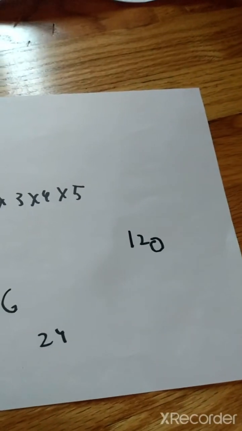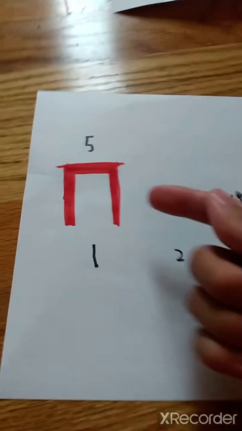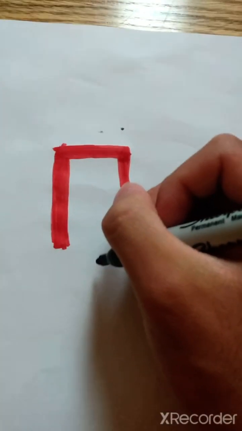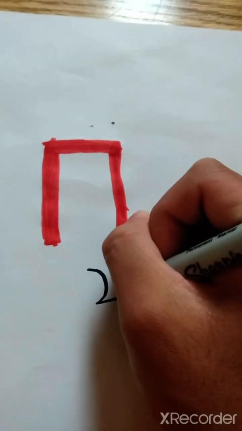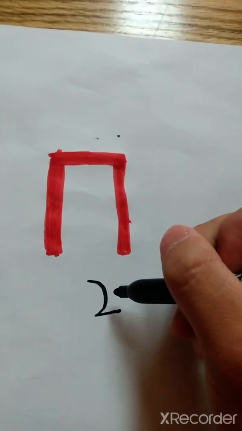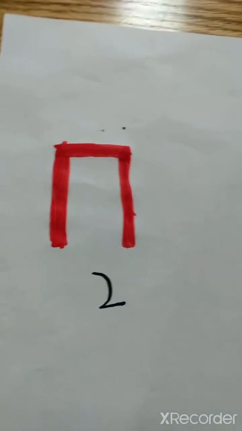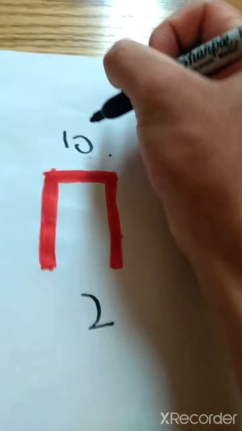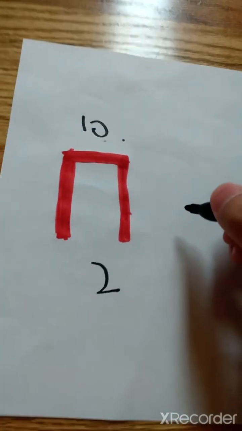Let's do another example with the capital Pi again. But what happens if the bottom number is not 1, but a 2 instead? What if our starting number is a number not 1? And let's say our top number is 10. This is going to be a really big number.